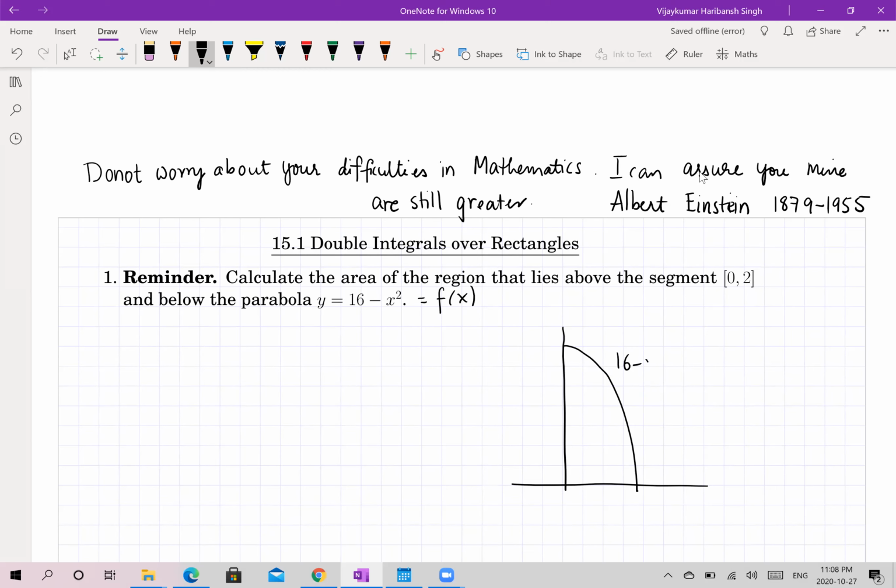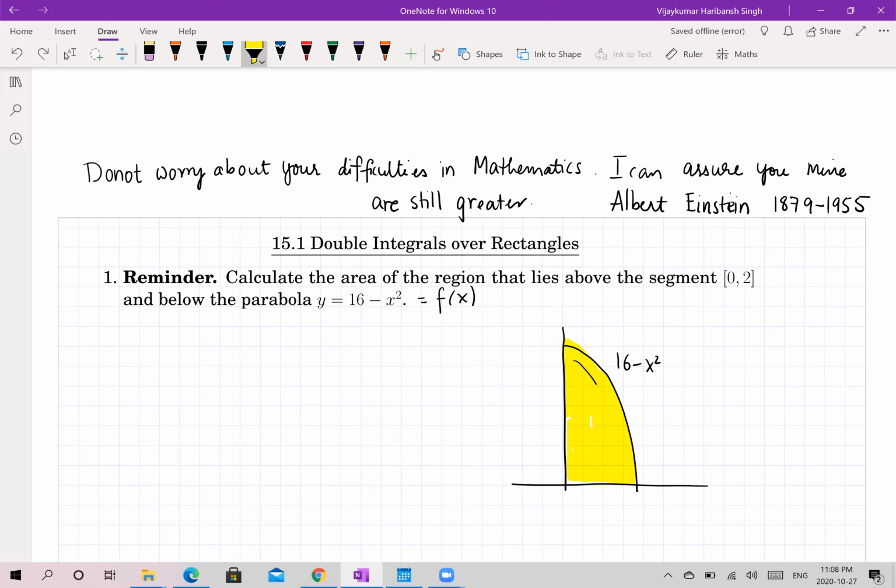It's not to scale, and you want to compute the area here. We are interested in this area below the curve from 0 to 2, right?